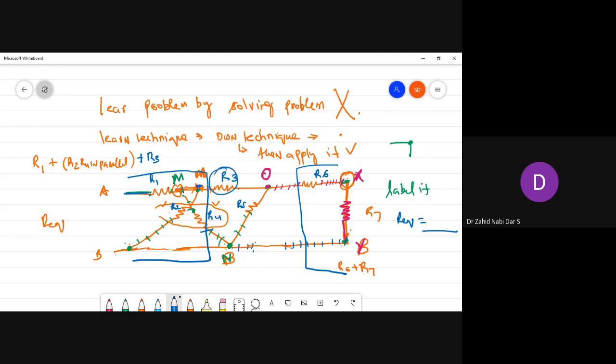Now I'm left with this OB. If I'm calculating this in series, the combination will become R6 plus R7, and this will become OB only. So I can write R6 plus R7 is in parallel with R5. This is how I'm doing it.